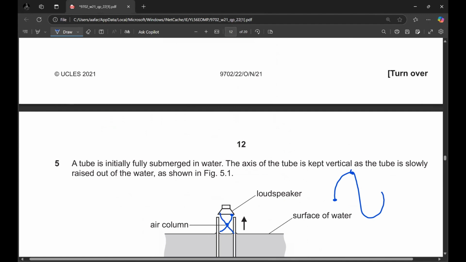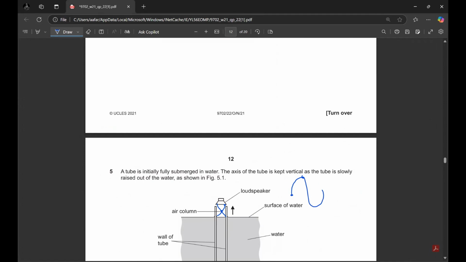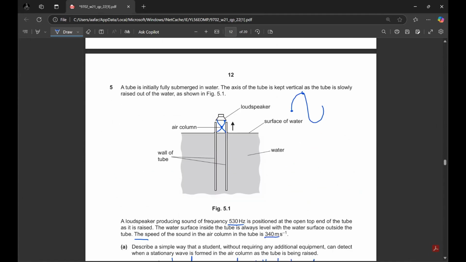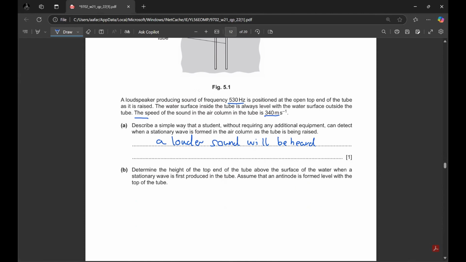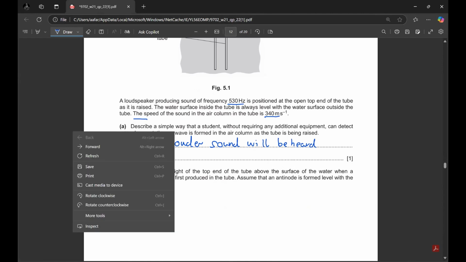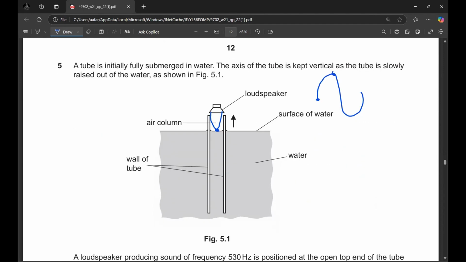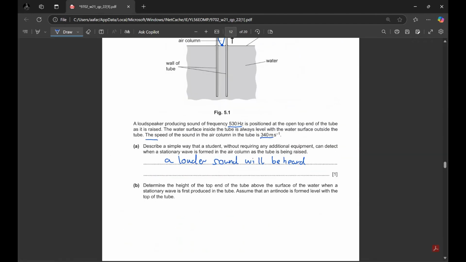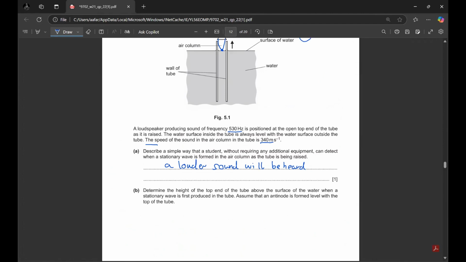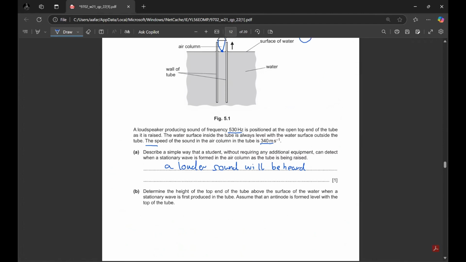It's basically 1/4 of the wavelength of the whole wave. That's the first which can form. Wait, no, it's going to be something like this. The node is going to be over here, one node and one antinode. Yes, that's more suitable.